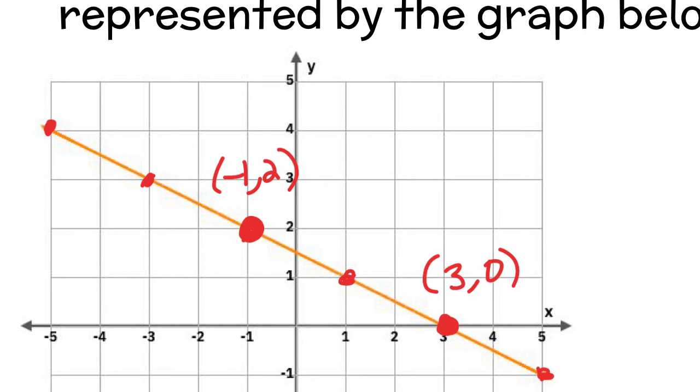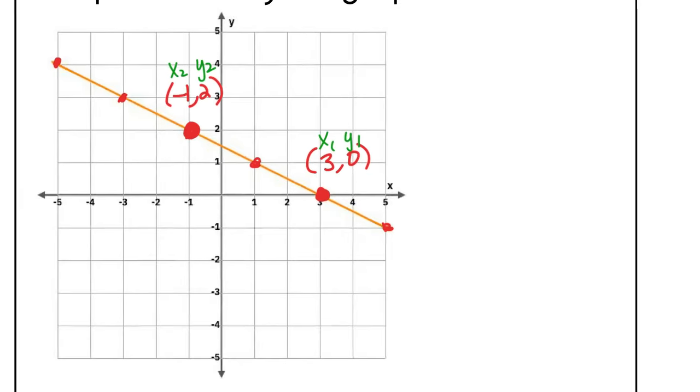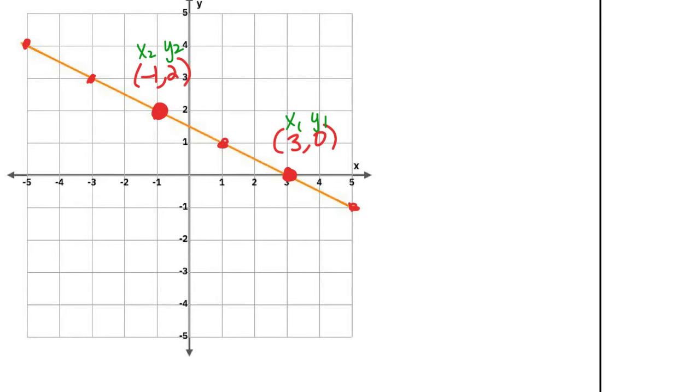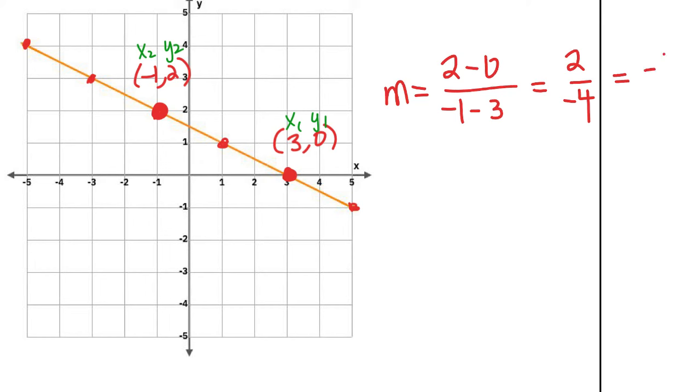Let's say this first one is x1, y1 down here, and x2, y2 up here. Okay, so let's start with our slope. We start with our y's on the top, y2 minus y1, so that would be 2 minus 0. And on the bottom, x2 minus x1, so negative 1 minus 3, which gives me 2 over negative 4. And I can simplify that to negative 1/2.